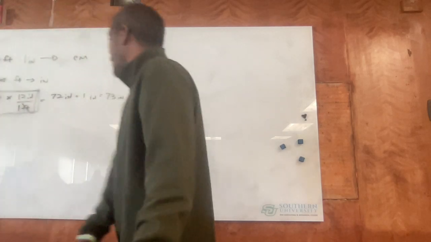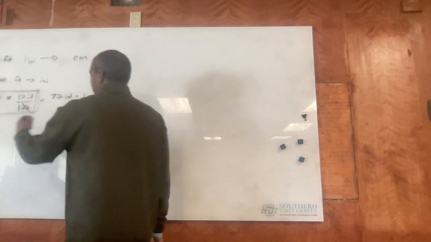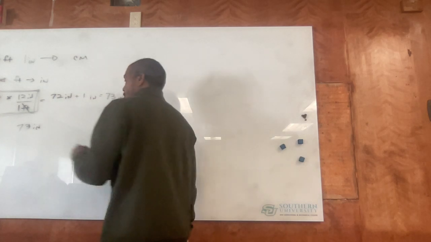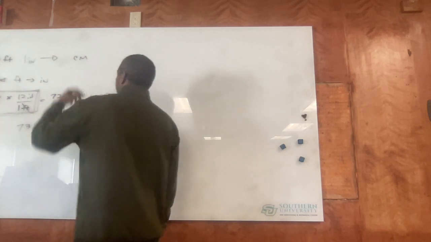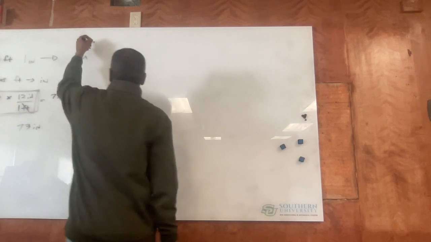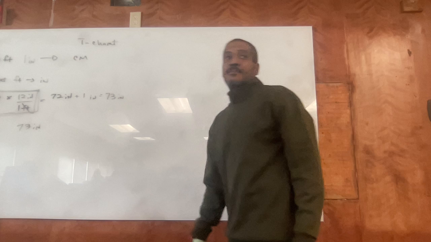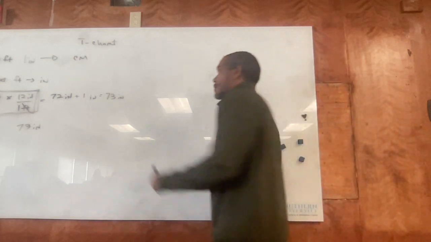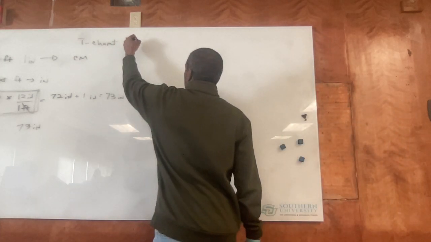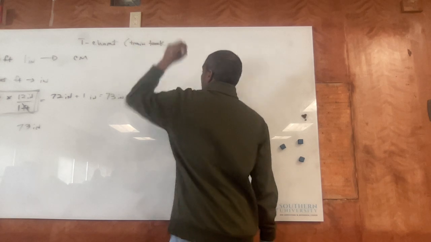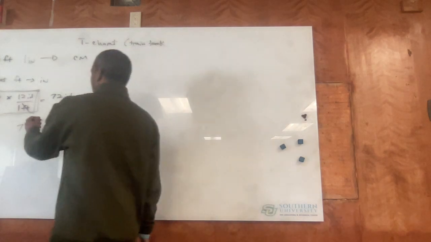Now we got 73 inches, and we could do our T-chart again. A T-chart, or a train track. Kind of looks like a train track.